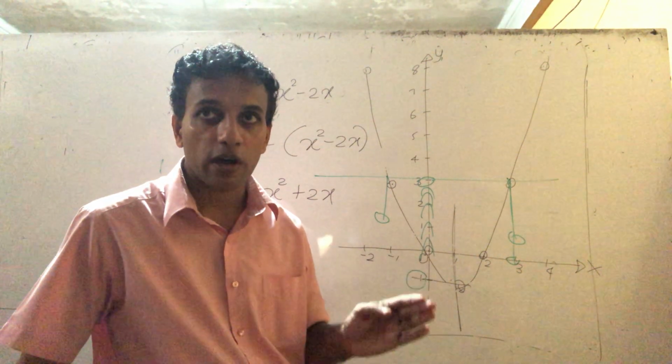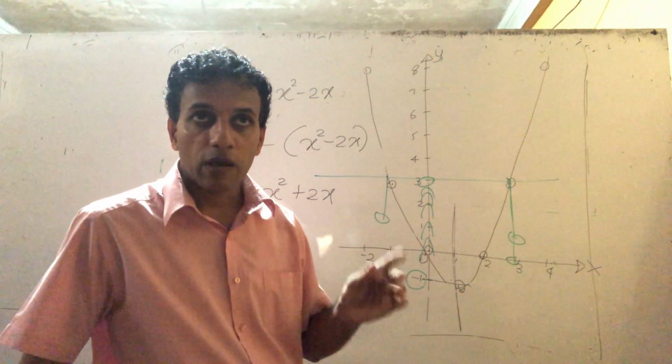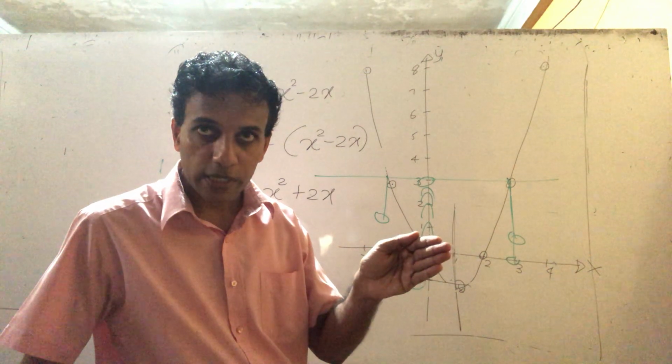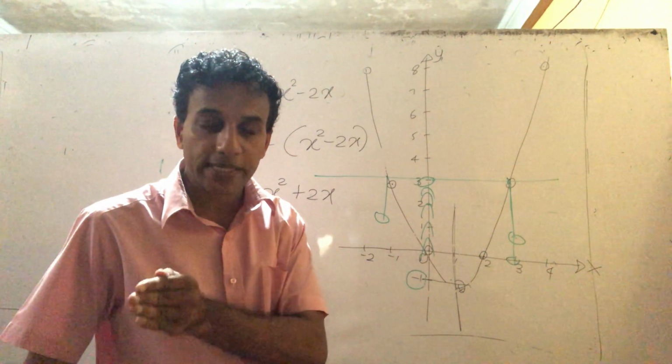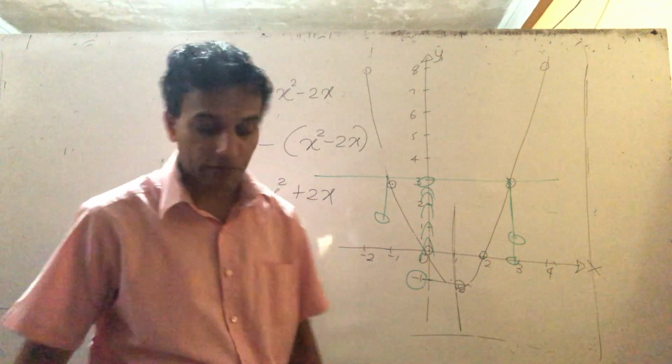If the above graph, that means the above drawn graph, right, is transformed 1 unit along the negative direction of x-axis, write the equation of the new graph.